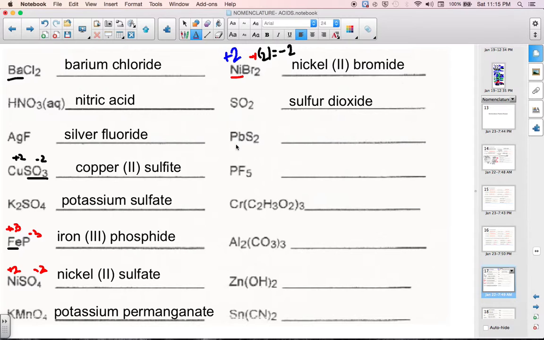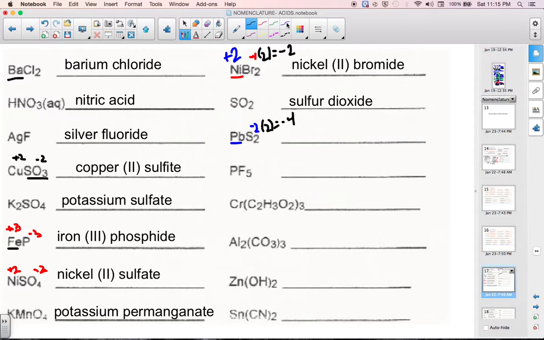PbS2, lead. I know lead is a metal, so I'm going to use the ionic compound system, but because lead can have different oxidation states, I'm going to figure out what S is. S, if I look at the back of the periodic table, has a -2 charge, and I have to multiply that times 2 since there are 2 sulfurs there to get a total oxidation charge of -4 on the anion side.